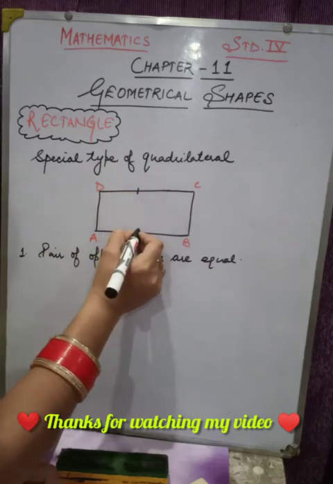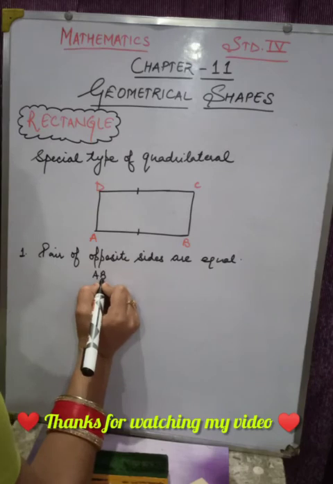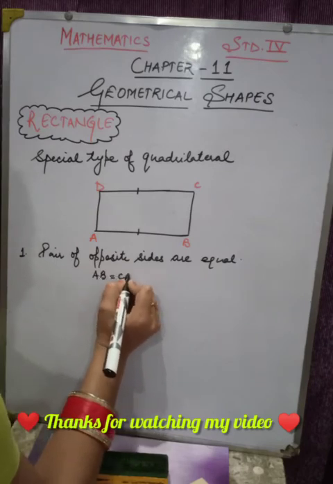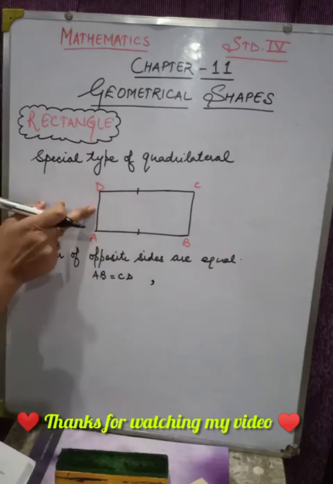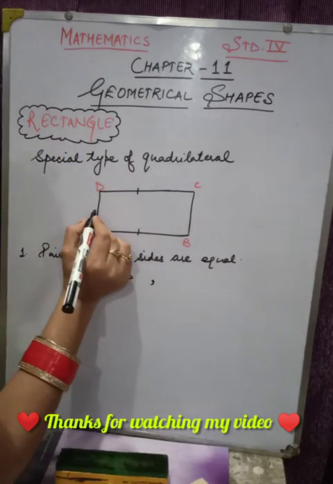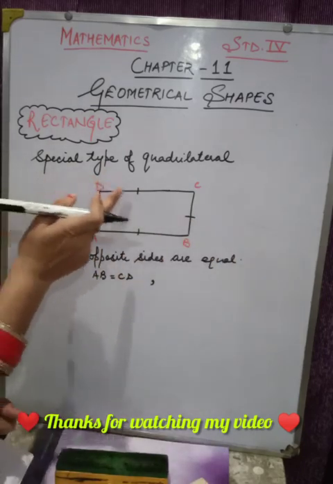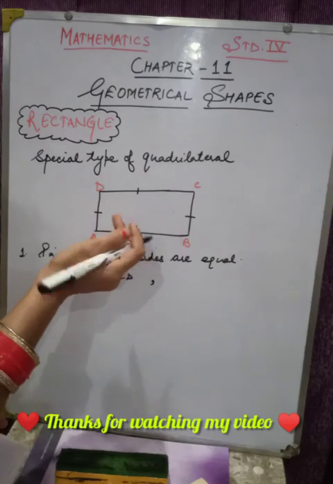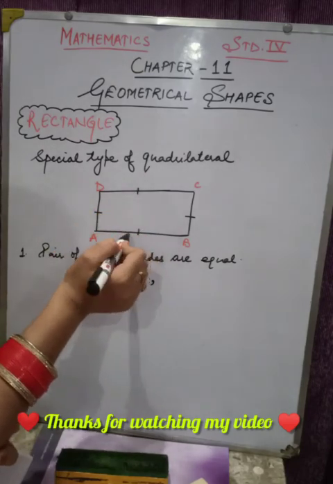This side is equal to this side, which means AB equals CD. One pair. And this side is equal to this side. If we mark it like this, it looks the same as a square, as if all the four sides are equal.